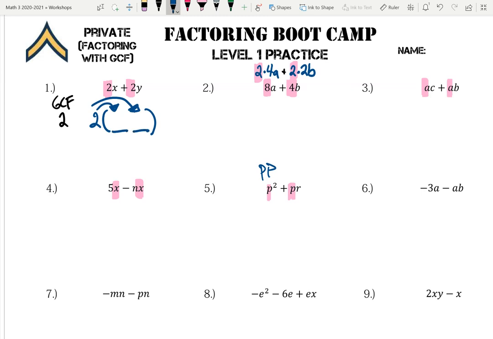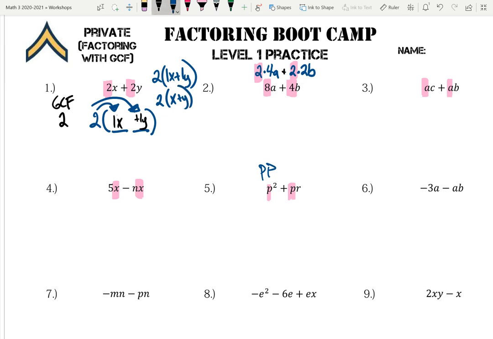What multiplies with 2 to be 2x? Well, 1x. 1 times 2 is 2. 2 times what results in 2y? Well, 1y. And voila, I factored out the 2. It looks like 2 times 1x plus 1y, which is the same as saying x plus y.